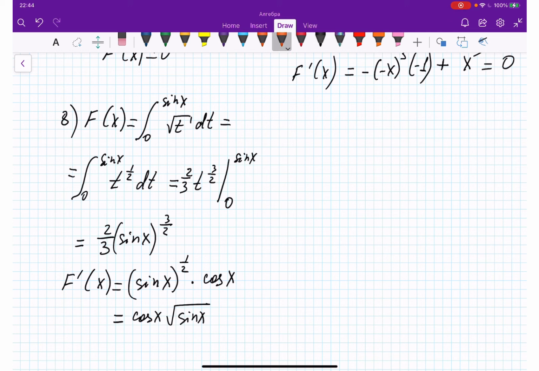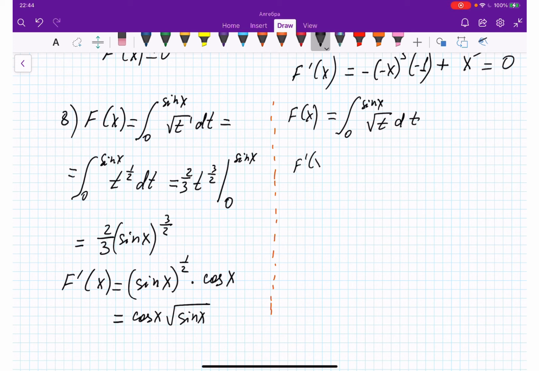Now let's use an alternative solution method. F of x equals the integral from 0 to sine x of square root t dt, and the derivative is going to be square root sine x, right?